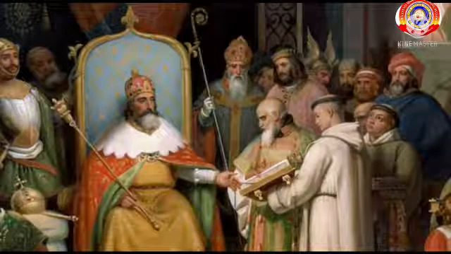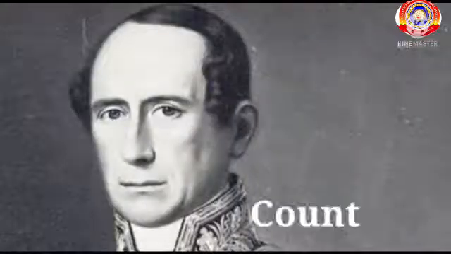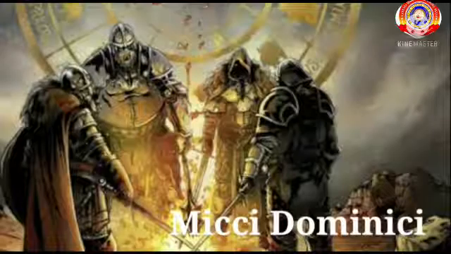He introduced centralized administration in his empire. Local administration was entrusted to officers known as counts. To keep an effective check upon the activities of the counts, he created a secret department named Missi Dominici.